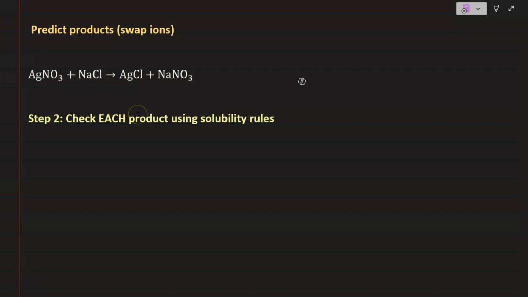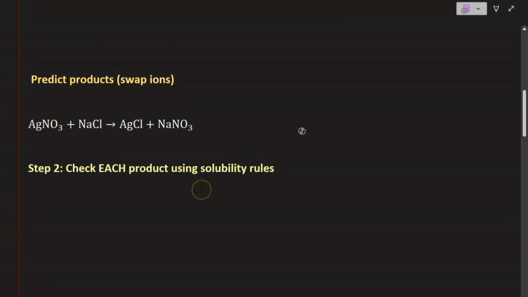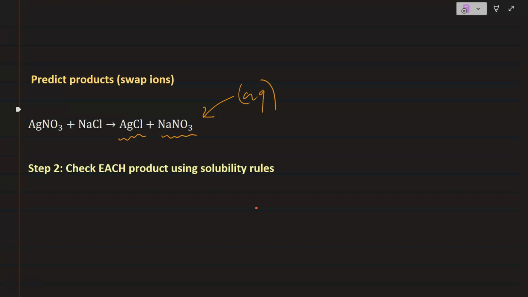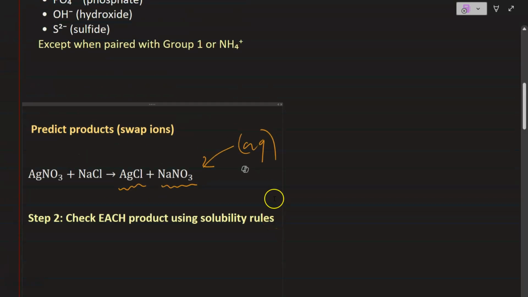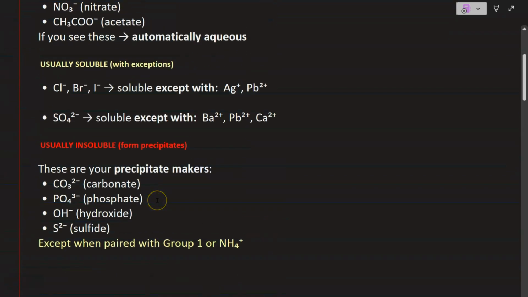Well, there are very simple solubility rules that you have to follow. Look at the AgCl here and look at the NaNO3, the sodium nitrate. This one, we know for a fact, is going to be aqueous because NO3 minus is there.